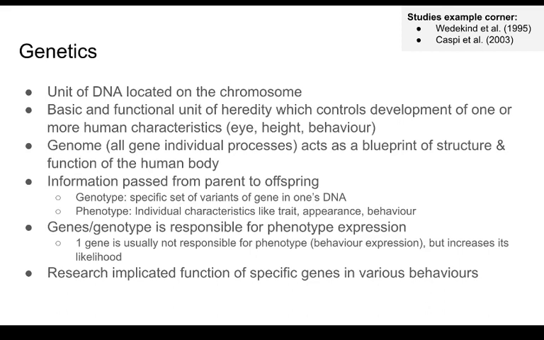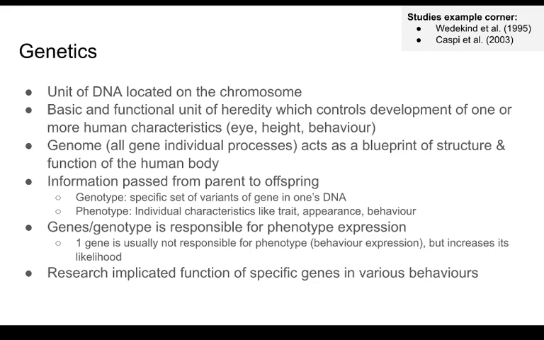But we're still studying this. At least the scientists that are studying genetics still aren't able to fully map the entire human body's genomic sequences and understand each of their functions very well. So there's genotype and phenotype.